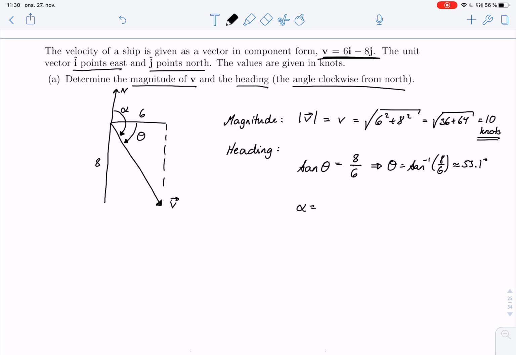So alpha would be 90 degrees plus this theta. First the 90 and then the theta, that would make up our alpha. So that would be 90 plus 53.1 degrees, so approximately 143.1 degrees.